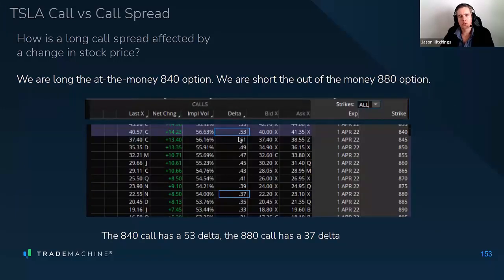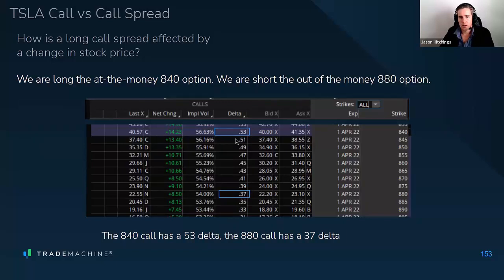Well, what are the deltas? They're expressed as decimal places. It's the mathematical way to do it. They're expressed on a per share basis. But this is the 53 delta for your 840 call, and this is a 37 delta for the one you shorted.